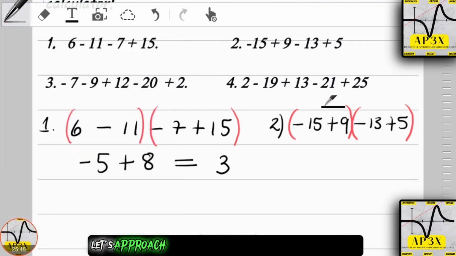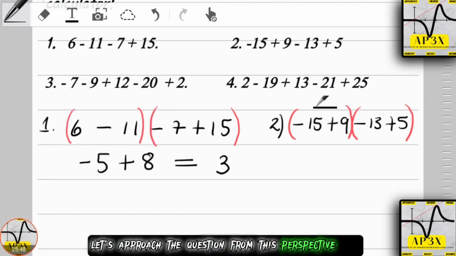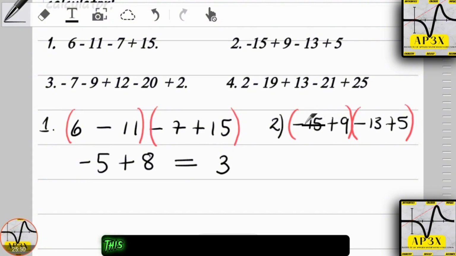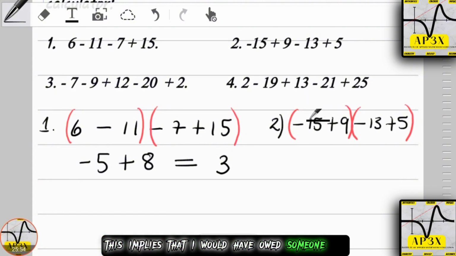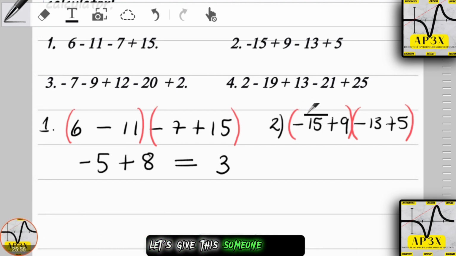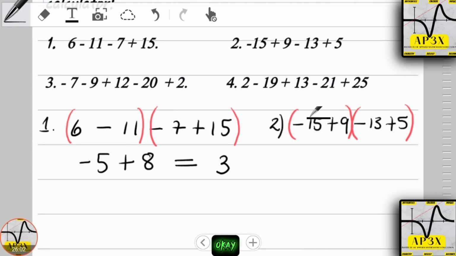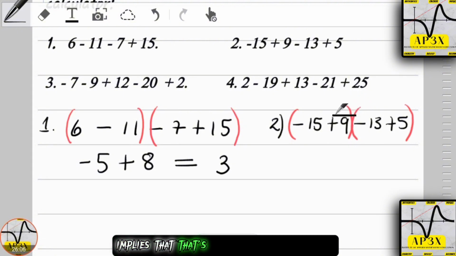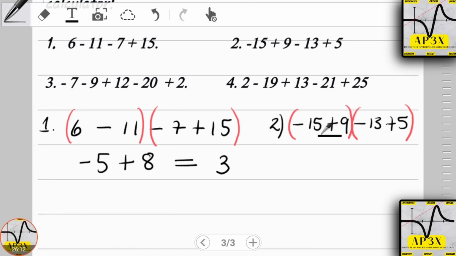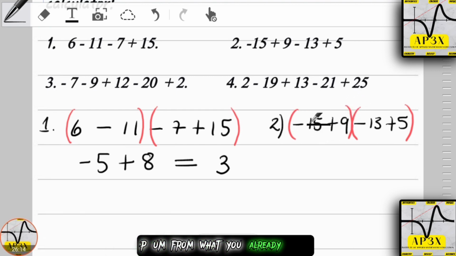Now, let's approach the question from this perspective. Here, this implies that I would have owed someone $15. Let's give this someone a name. Let's say that you owed your mother $15. Okay? And this positive 9 implies that that's the amount that you have, the amount that you could possibly pay from what you've already owed.